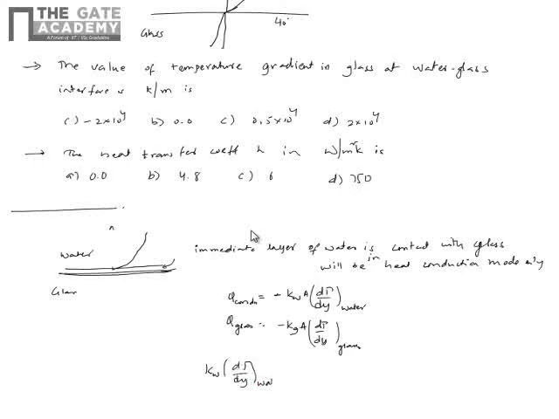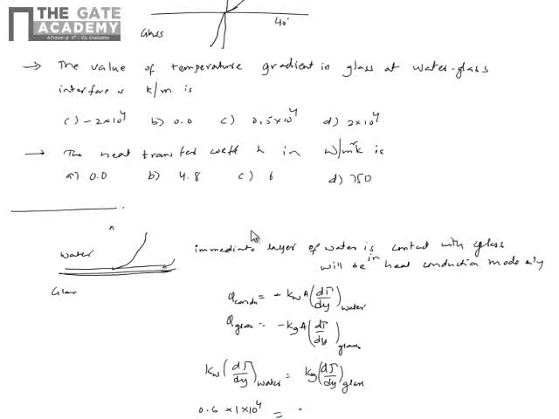kW dT/dy for water is equal to kG dT/dy for glass. A is the cross-section, the perpendicular area, which is the same for both. The spatial gradient for water is given as 1 into 10 power 4, and the thermal conductivity is 0.6.